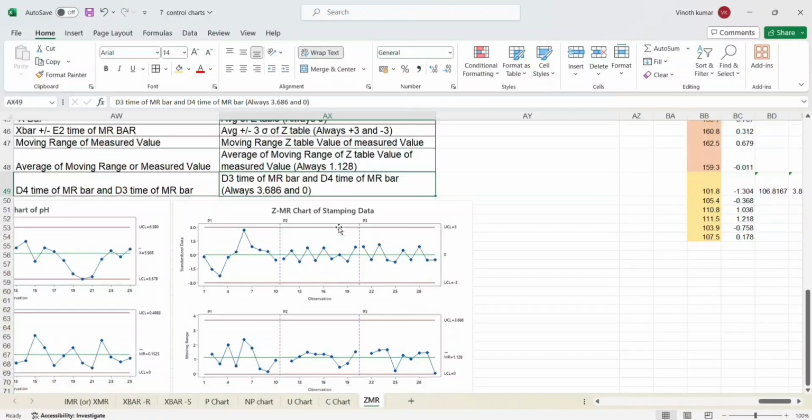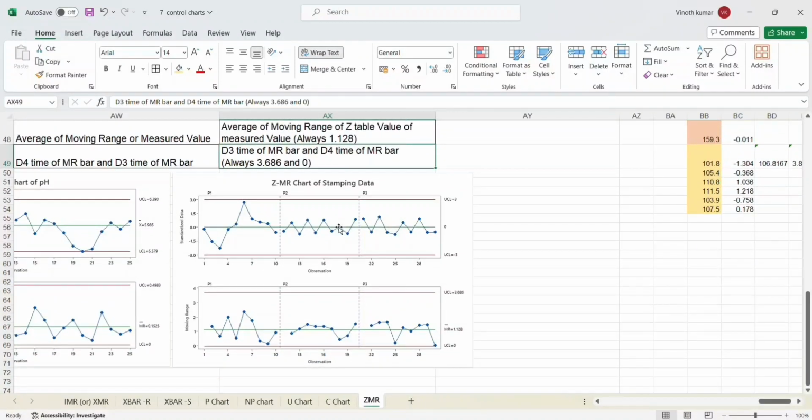These values will be always common when you are drawing a ZMR chart. So your center line, UCL, LCL for your Z score values chart, and for the moving range of Z score values chart will be 1.128, 3.686 and 0. These values will always be same because we are drawing chart not for the measured values but for the converted Z scores.